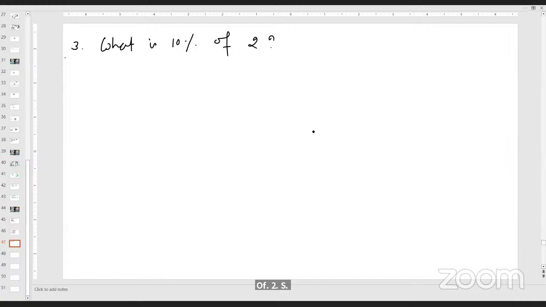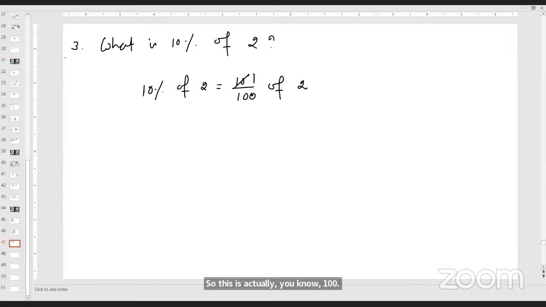Sir, 0.2. 0.2. Okay. So 10% of 2 is actually 10 over 100 of 2, which is 0.2.